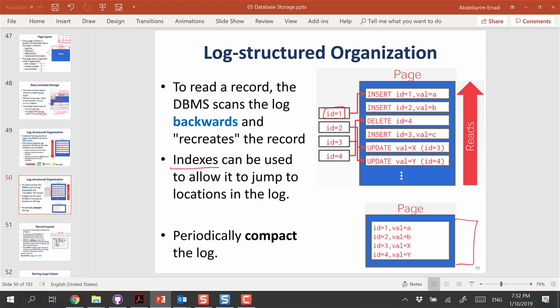By the way, this type of organization is used by GitHub. When you are working in GitHub, changing things and committing, what GitHub keeps track of is the set of changes that you have done, the delta of the changes. So it's keeping a log of the changes that you did.